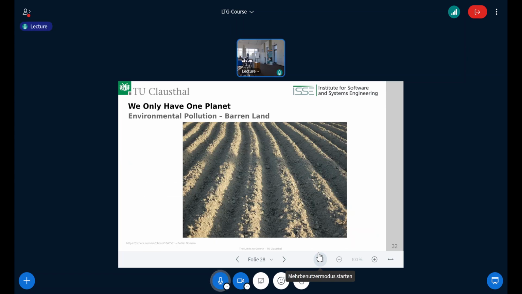Another aspect of environmental pollution, and now you can already see that some things are heavily interconnected, like climate change, is barren land. If I have long dry spells, land gets crumbly and dry, you have soil erosion, but you also lose a lot of nutrients.